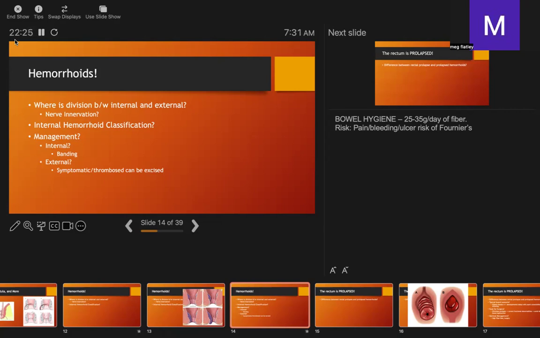The goal is to ligate the inflow so that you decrease the outflow to the hemorrhoids. Dr. Sanka brought it up the other day as a treatment for hemorrhoids. He used to do that in his residency.